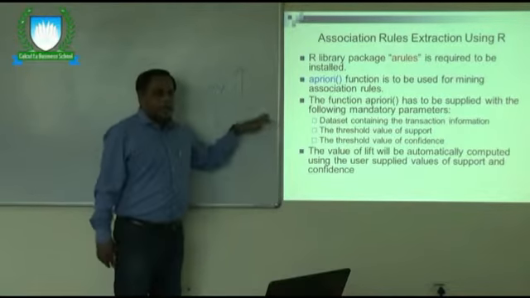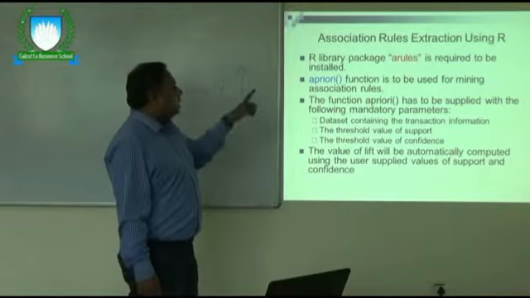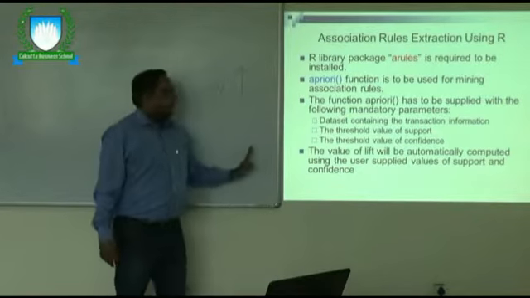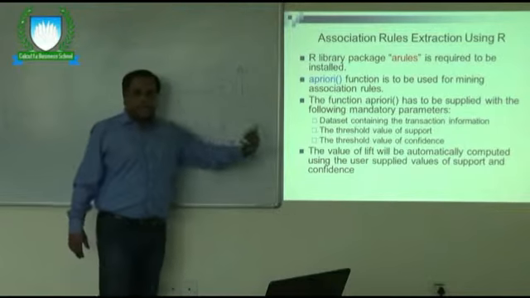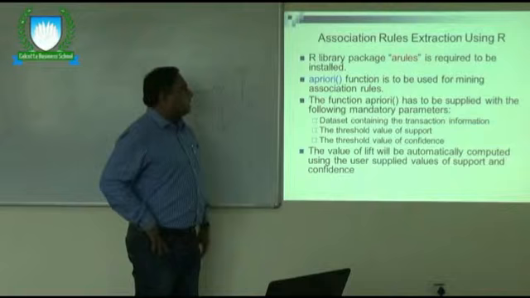Whenever you have to extract association rules, you need to have that library installed. Inside the arules package, the apriori function with all optimizations and enhancements has been developed, so the executable is there.